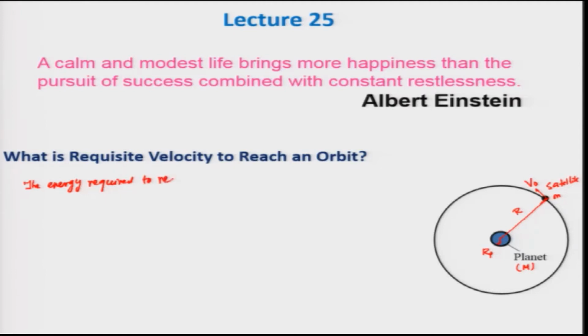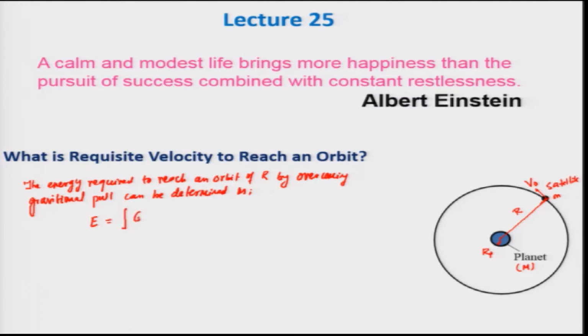The energy required to reach an orbit of radius r by overcoming the gravitational pull can be determined as E equal to the integral of G M m by r square dr, integrated from r p to r.